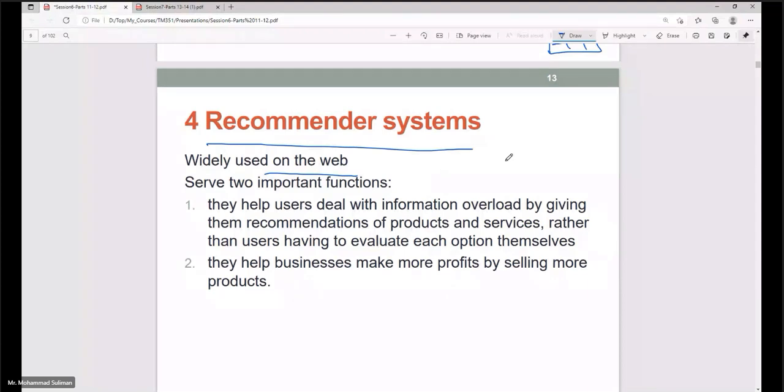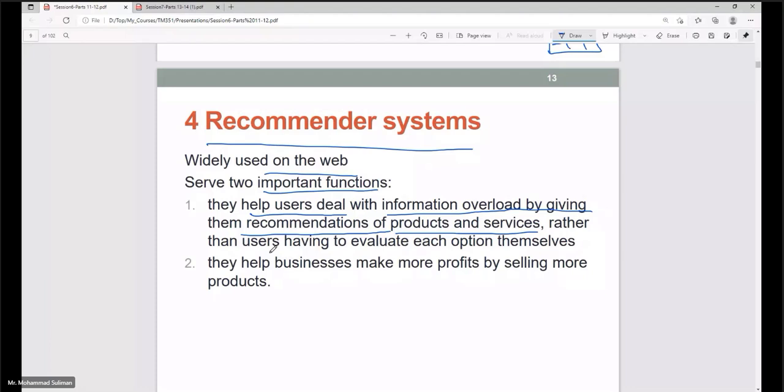They help the user deal with information overload by giving them recommendations of products and services, rather than the user having to evaluate each option by themselves. So the recommender system helps in getting recommendations of products and services based on what product was purchased previously, what the profile of the user is, or what the user may like.